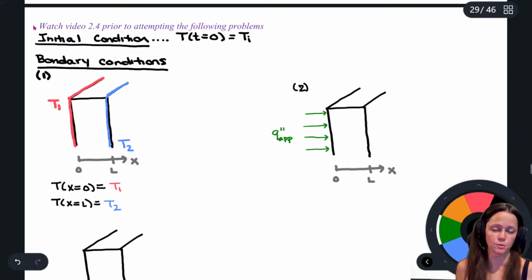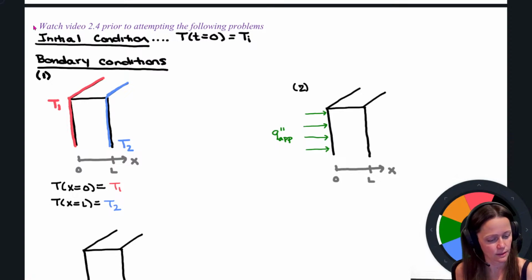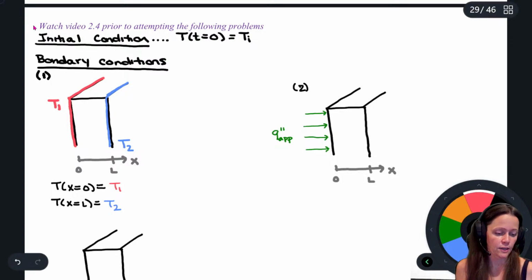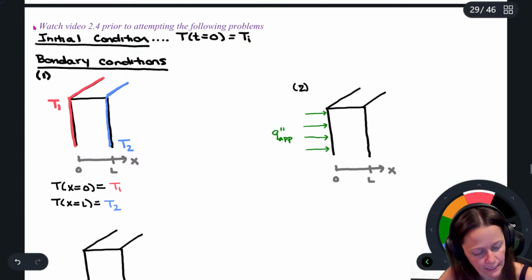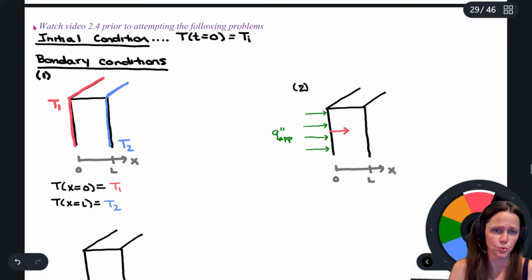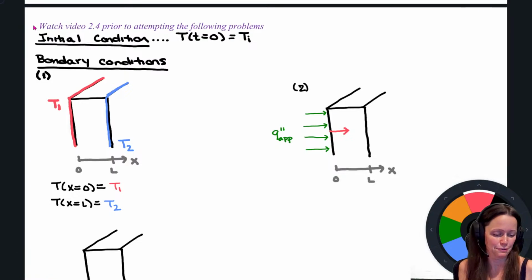I'm going to put it in terms of flux just to eliminate the area part of it. And I know that that flux has to be equal to this flux. I realize I drew a whole bunch of arrows for the applied flux, and I'm drawing one arrow over here. Don't read into it. I'm just trying to say that the flux is applied uniformly to that left face.